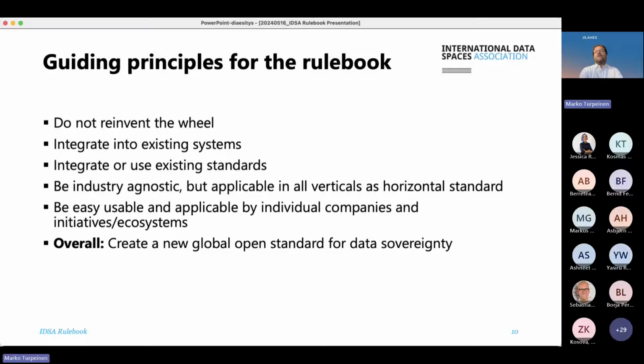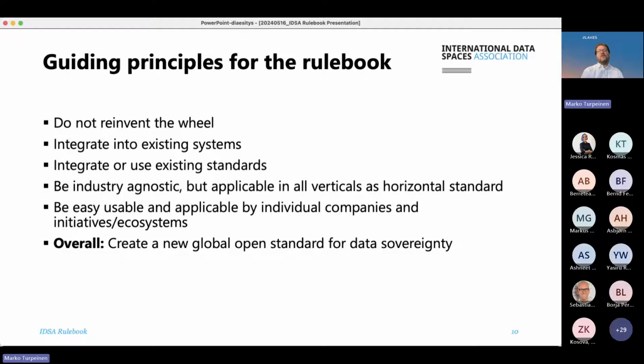Guiding principles: don't reinvent the wheel. Integrate into existing systems, integrate into existing standards, but also help to guide future standards. One of the things that has clearly been a development lately is that the rulebook working group's work and the IDSA rulebook as a document has been influential in different standardization activities.